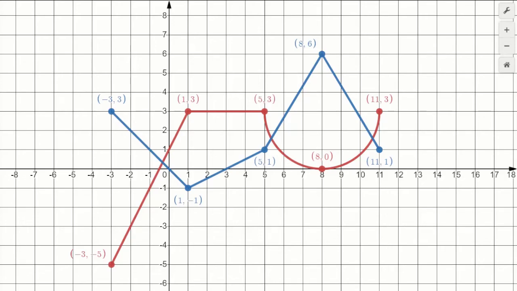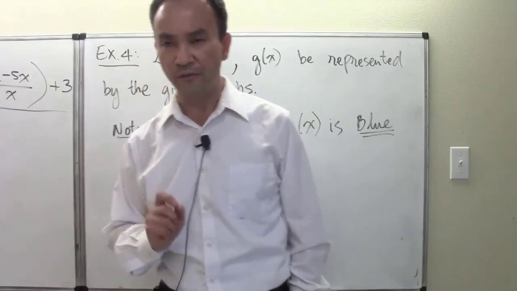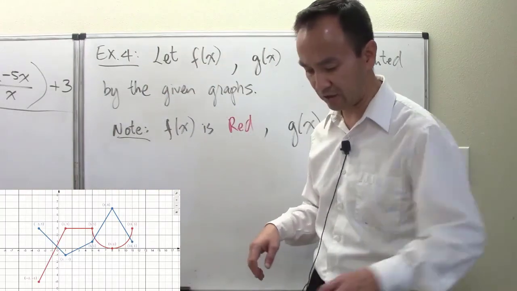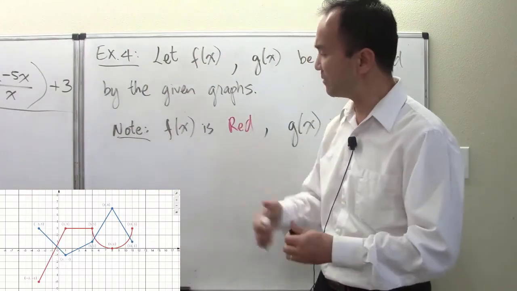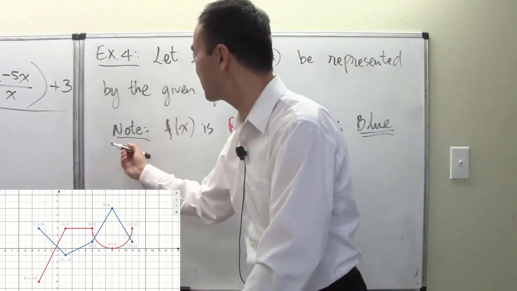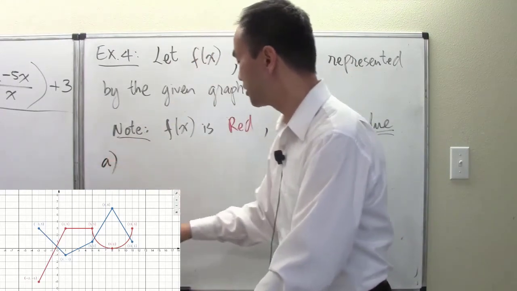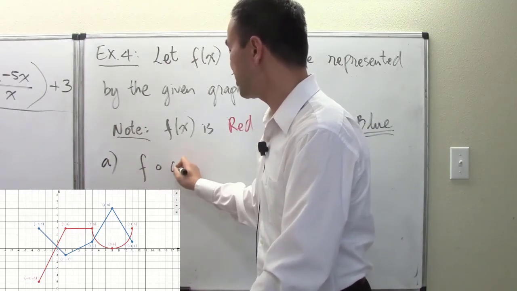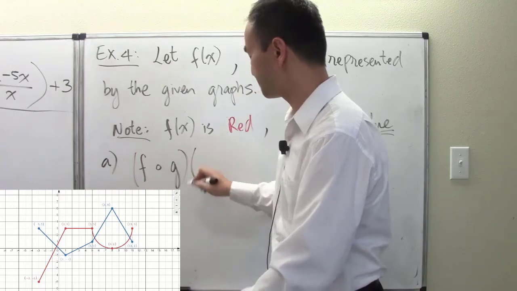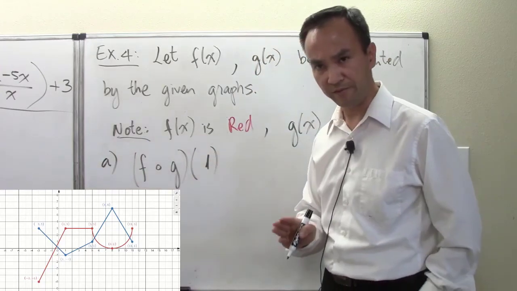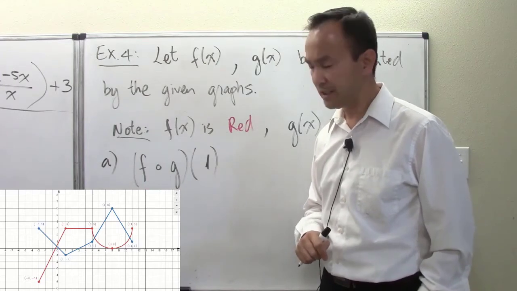And so now we are ready for the first question. Let me also still retain that in the corner of our screen here. Let's say part A of example 4. How about f of g of 1?